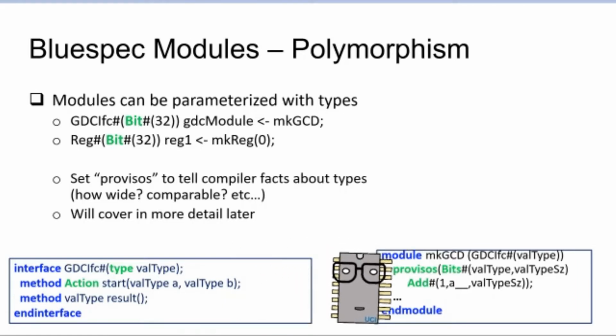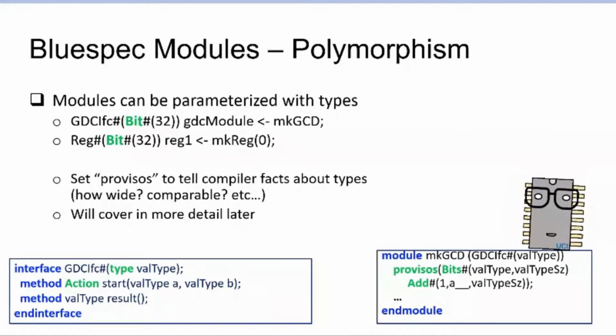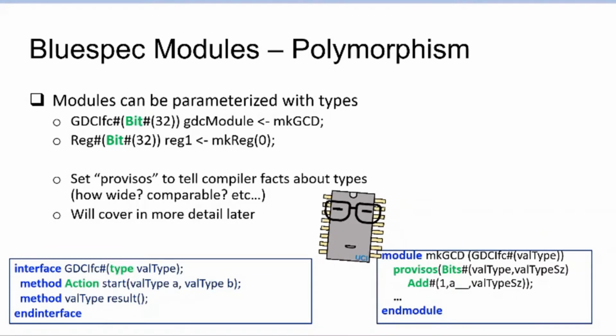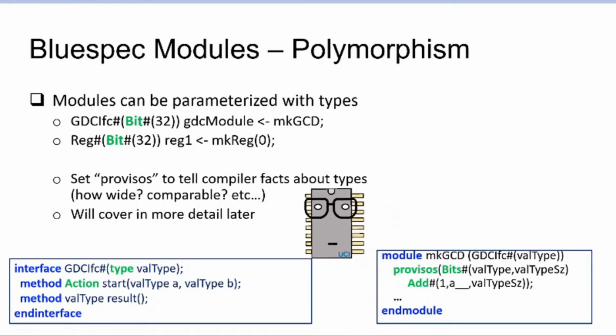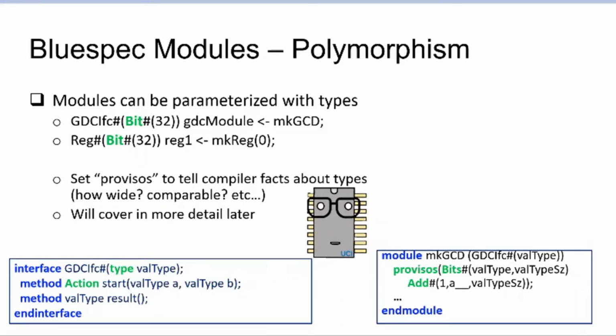And inside the actual implementation of the module, which implements this parameterized GCD-IFC, I can also use the val type label to refer to the type that we're dealing with. There are a lot of complexities involved in actually implementing parameterization or polymorphism, but we're not going to talk about this here because it's not necessary for the purpose of lab 2 at least.